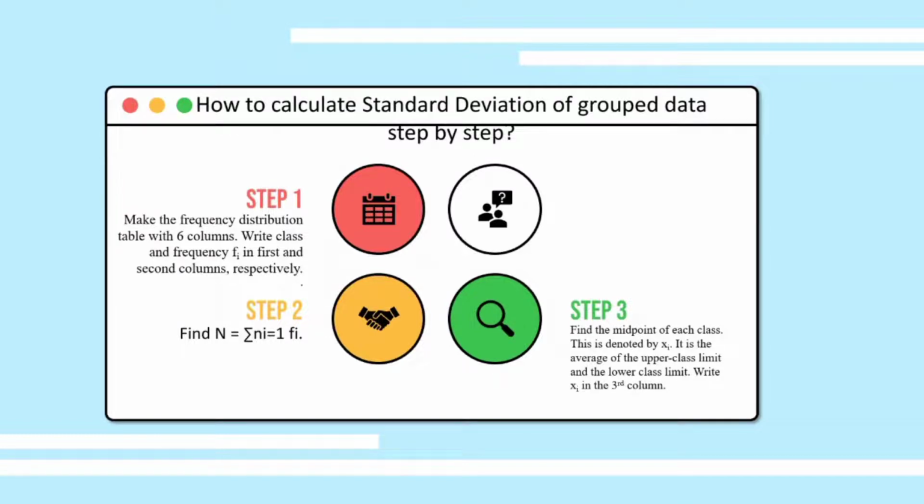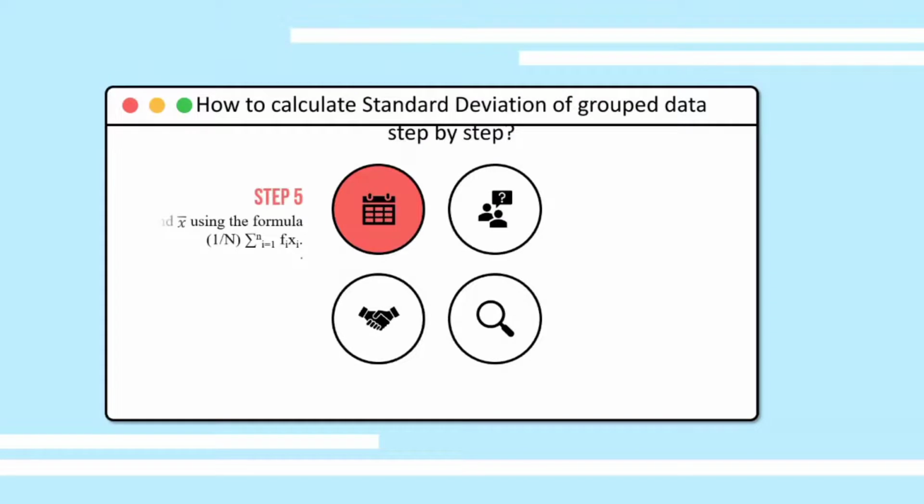This is denoted by xi. It is the average of the upper class limit and the lower class limit. Write xi in the third column. Step 4. Find fi xi, the product of frequency and midpoint. Write those values in the fourth column.